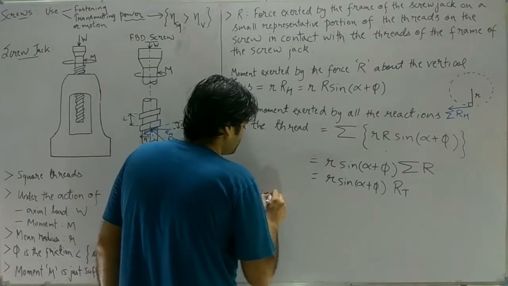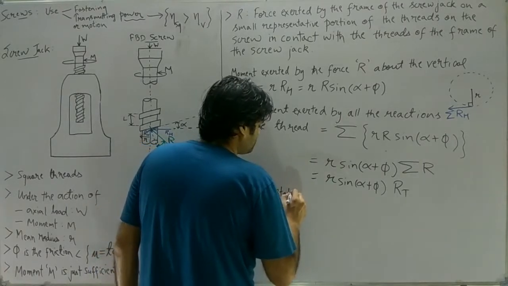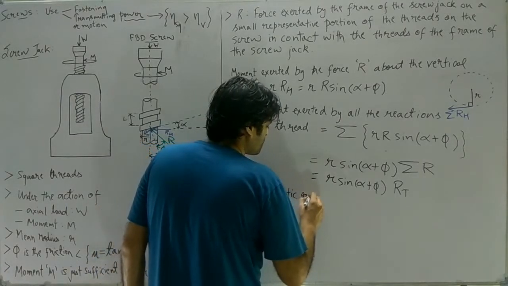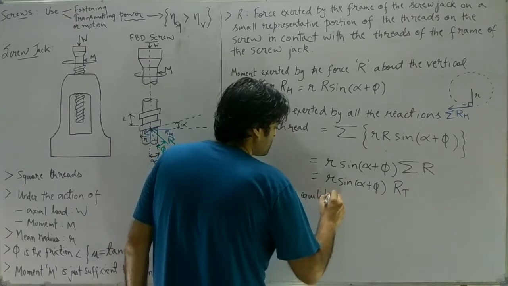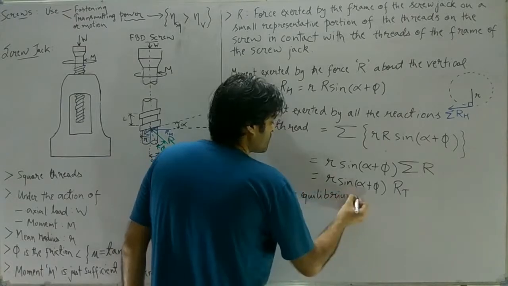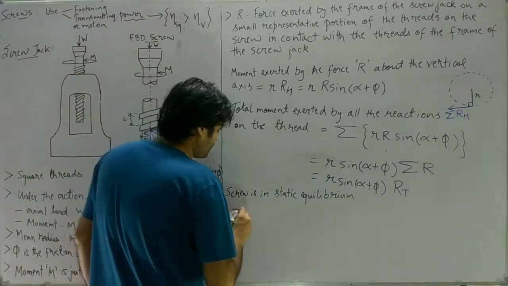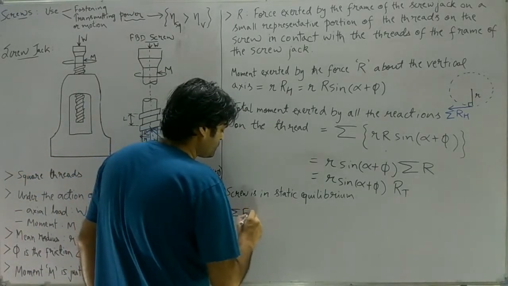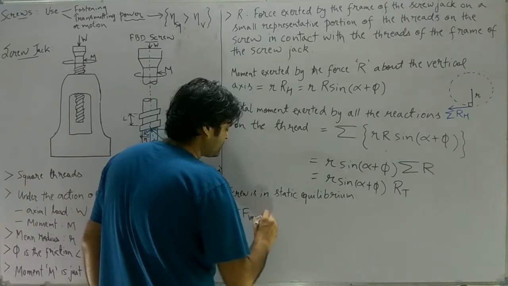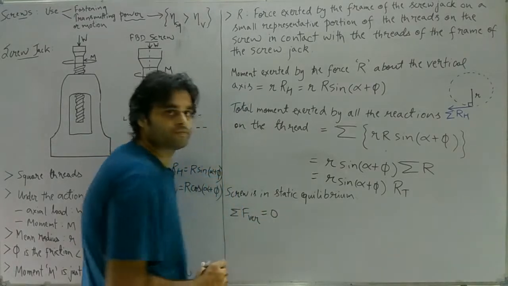So now we know that the screw is in static equilibrium. So we have the summation of all the forces in the vertical direction equal to 0.